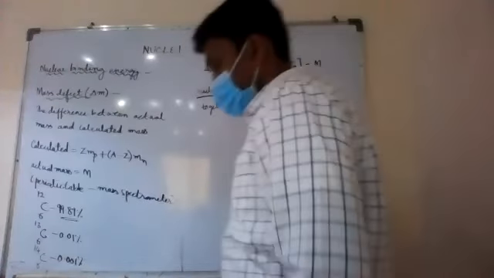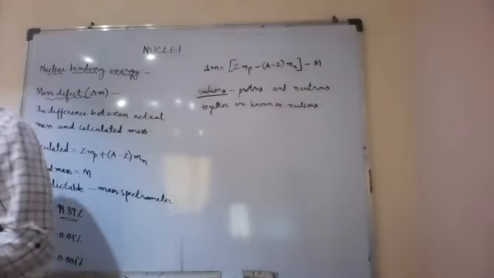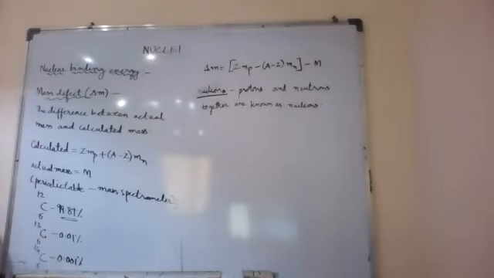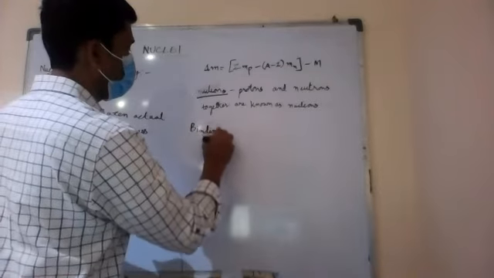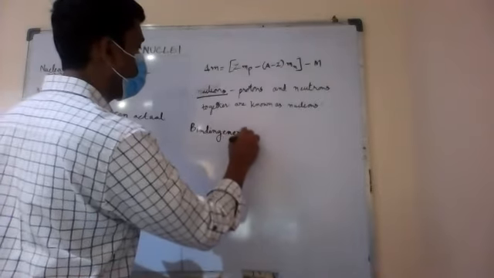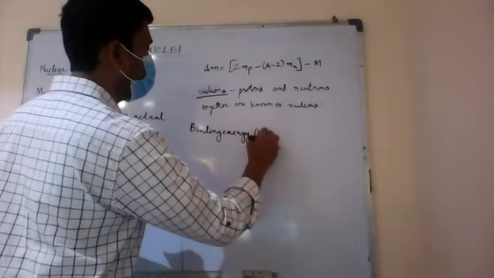Protons and neutrons together are known as nucleons. So what is binding energy now? Binding energy is EB.